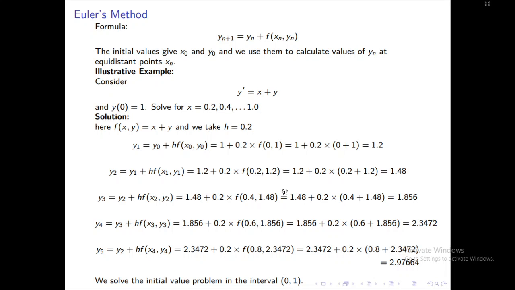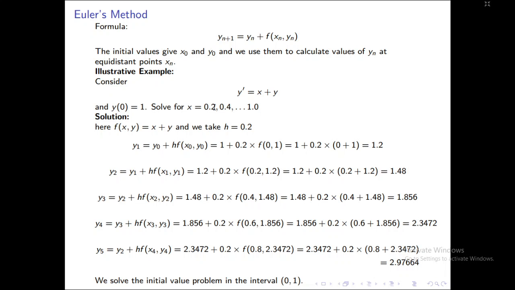So y3 is calculated as 1.856, and y4 is equal to y3 plus h into f of x3, y3. x3 is x2 plus h, which is 0.6, and y3 is obtained in the previous step as 1.856, and substituting we get y4 is equal to 2.3472.